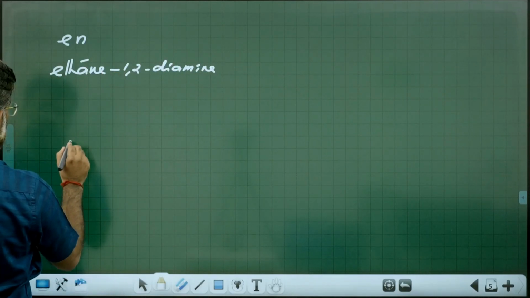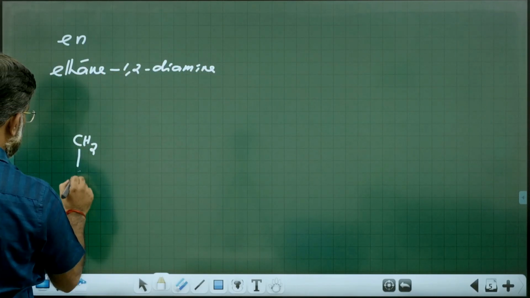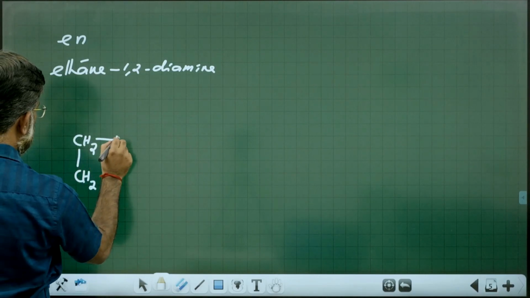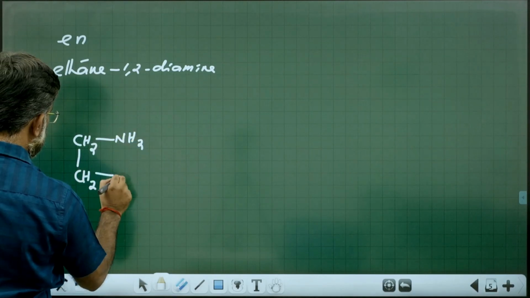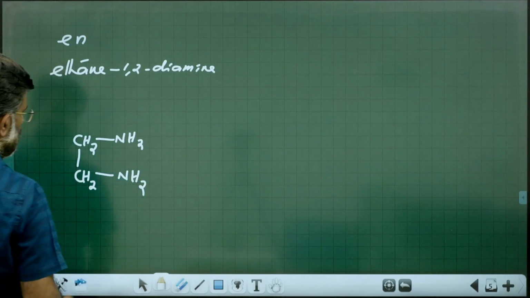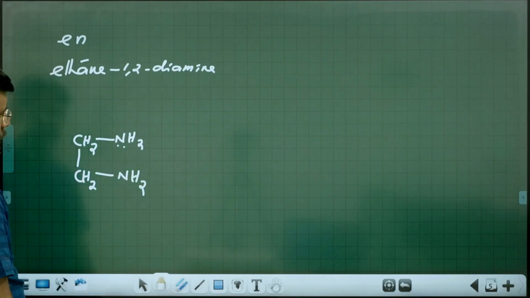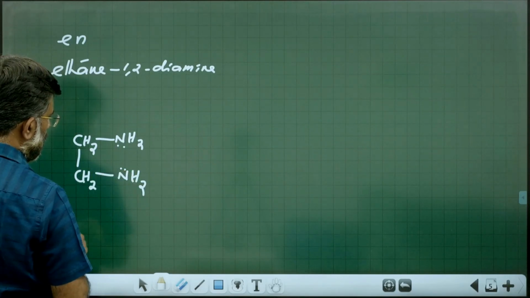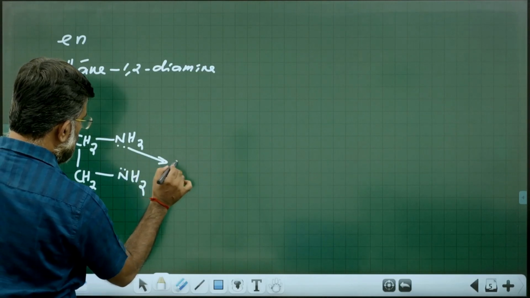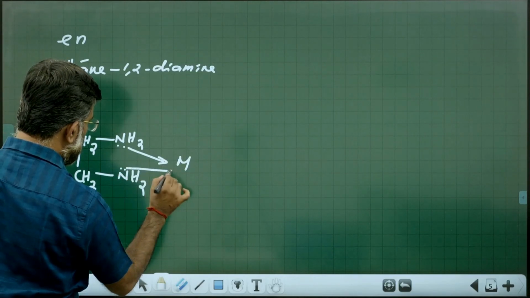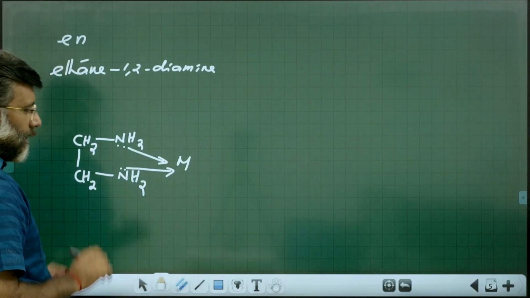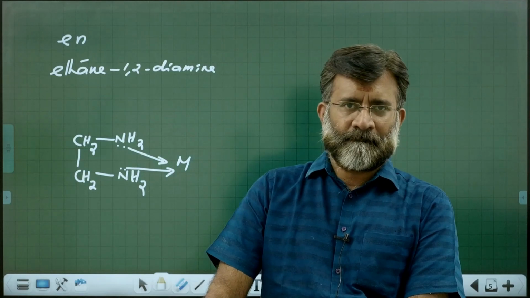This is the unit: CH2, NH2, NH2. This nitrogen carrying a lone pair of electrons and this nitrogen carrying a lone pair of electrons can make a bond with the central atom. So it is didentate.